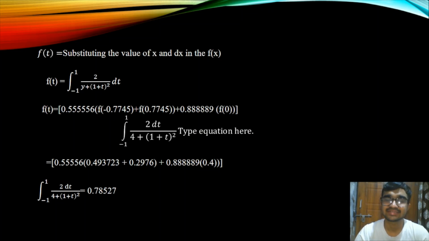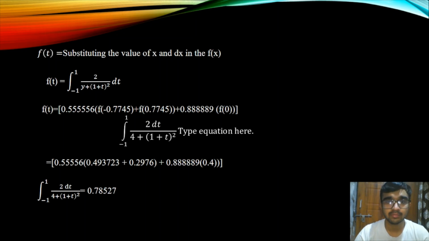Now let's substitute the value of x and dx in the f(x). So our f(t) will be the integral from minus 1 to 1 of 2 upon y plus 1 plus t square dt. Now let's integrate it and put the values.